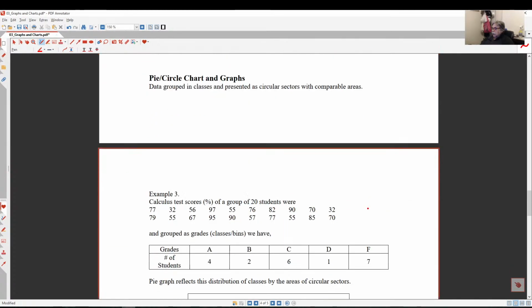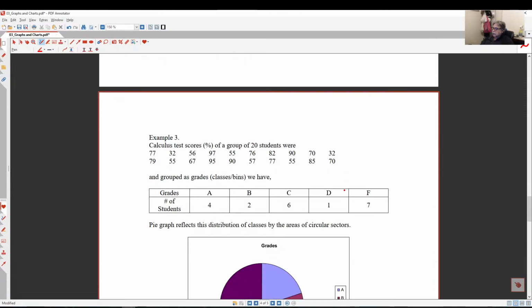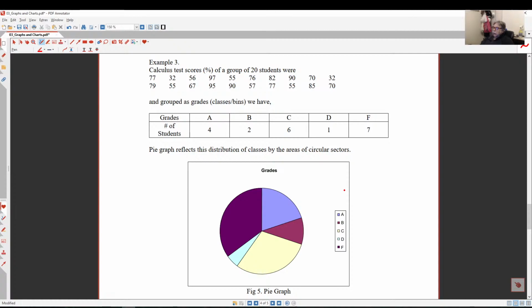Okay, another type of presentation we use very often is a pie, or circle, chart. It is very often used in business, in magazines, and in the media. Here I'm presenting the grades of 20 of my students in a calculus test. The first student scored 77%, the second 32%, the third 56%, and on you go.